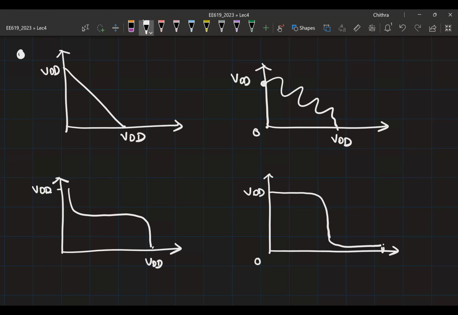So among these 4, is there a preferred VTC? Why? It will always converge to VDD or 0. Okay, is that statement clear?